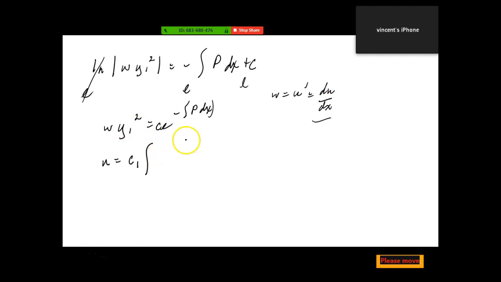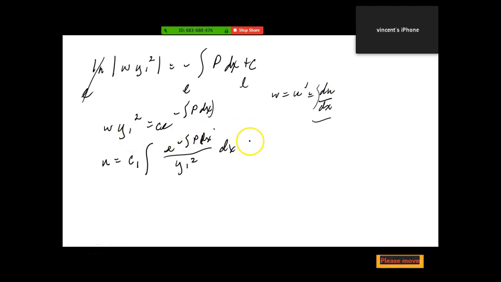So this will be the integral of e to the minus integral of p dx, divided by this y1 squared. Now that's everything that you had there, and this is a dx from the integral you just did when you integrated your du dx.